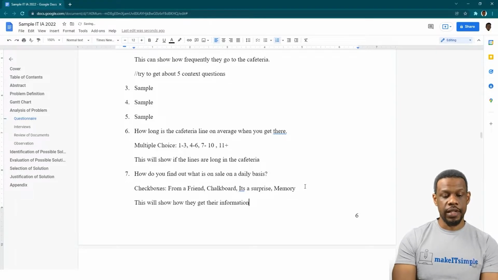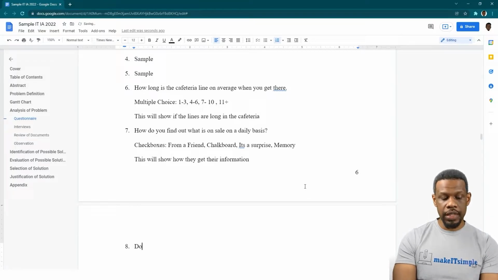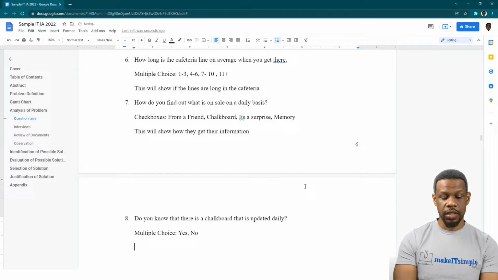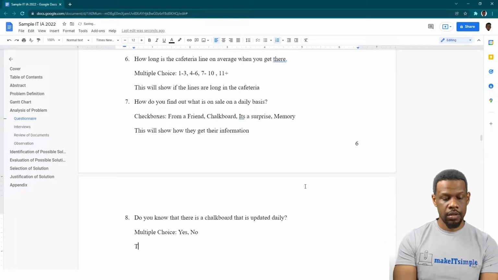Right? So then 8: do you know that there is a chalkboard that is updated daily? And you could give them a simple multiple choice, and put yes or no. This will highlight clearly if the chalkboard even has a chance of working.